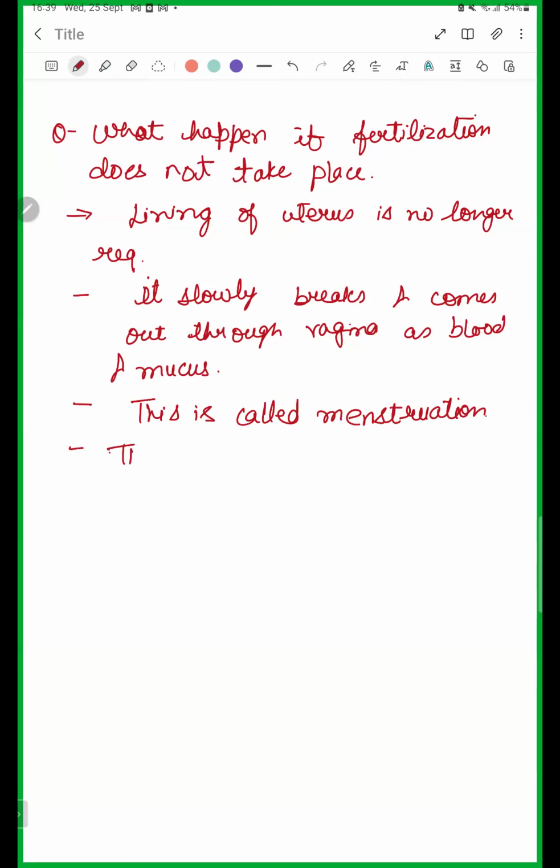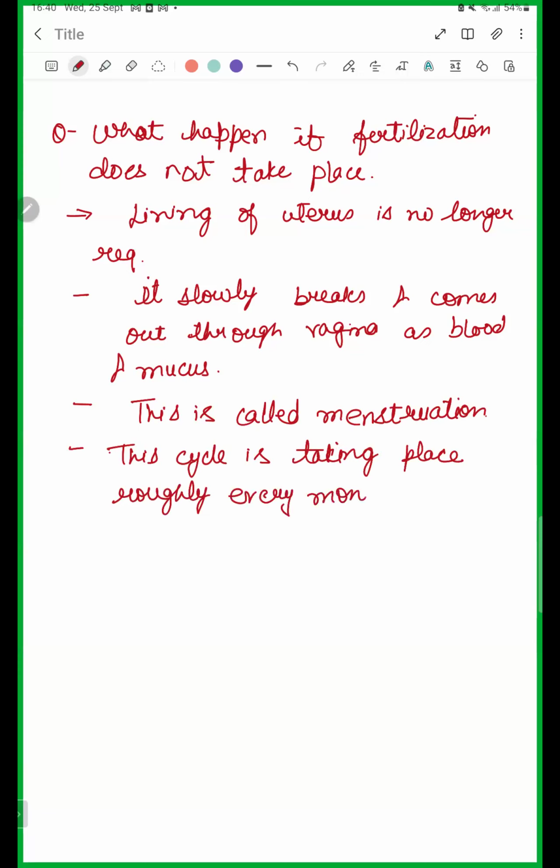Since this cycle is taking place roughly every month, since every month an egg is released, it is called the menstrual cycle.